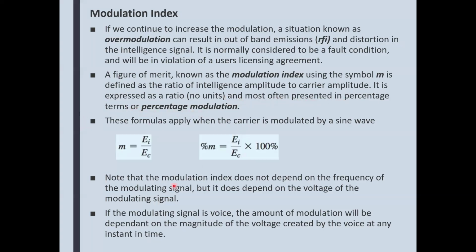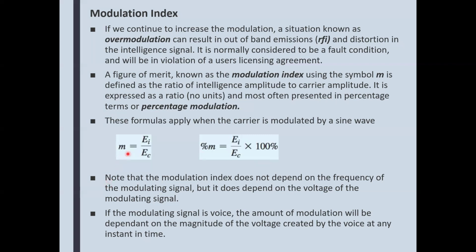Note in these formulas that the modulation index does not depend on the frequency of the modulating signal, but it does depend on the voltage of the modulating signal. The modulation index doesn't depend on the frequency of the intelligence.